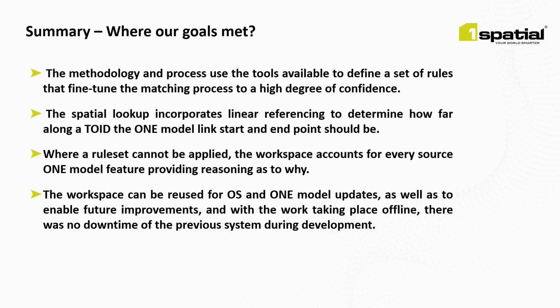And I believe this can be shown in the result of the Excel summary report, where we can say that we have found 98% coverage of the network, and we can say 97% of that with high confidence that we can have an associated TOID to that One Model feature.